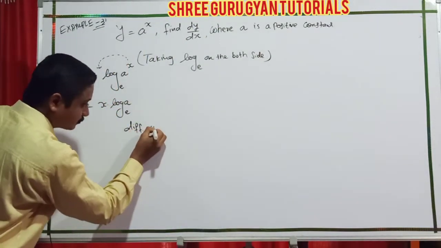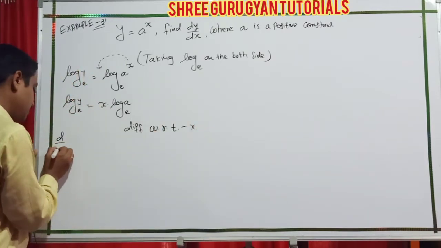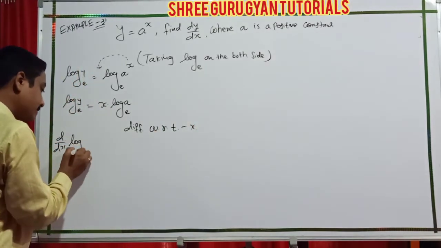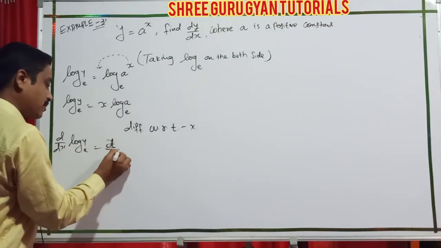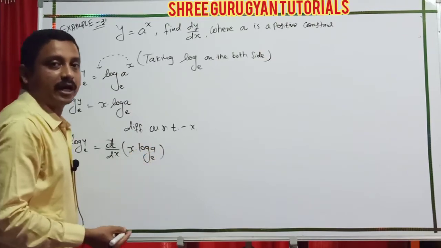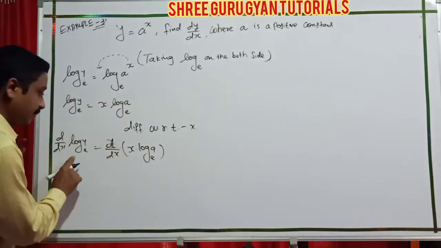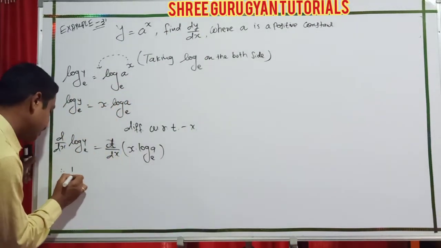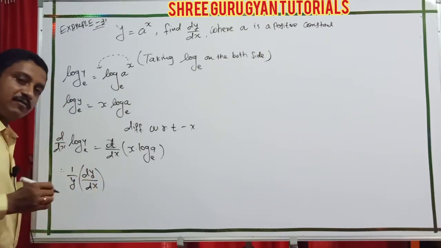Differentiation with respect to x. So d by dx of log y, and d by dx of x into log a to the base e. Now start our product rule, and here the chain rule. What is the derivative of log y? 1 by y, and y's derivative dy by dx.